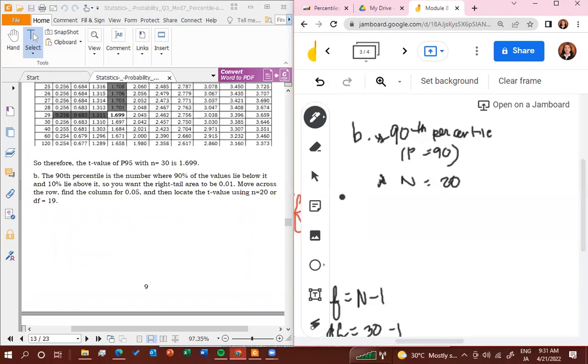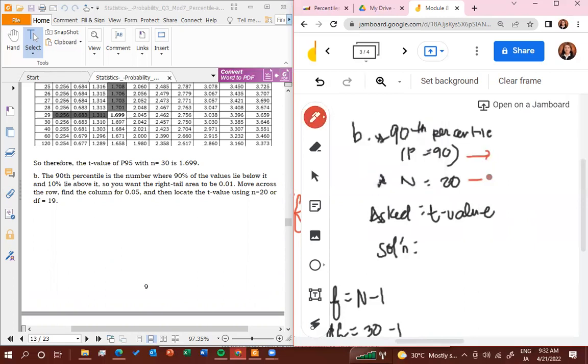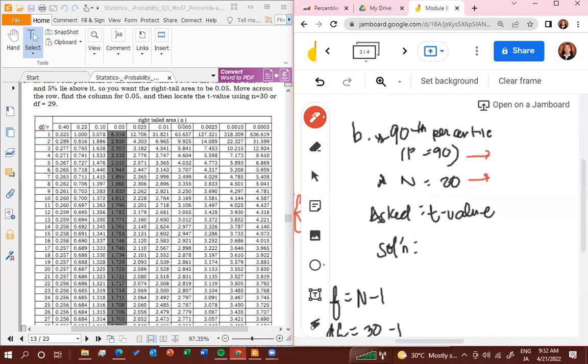We are asked for the p-value. The solution: we express it in the table in terms of alpha, and for the other value we look for the degrees of freedom.